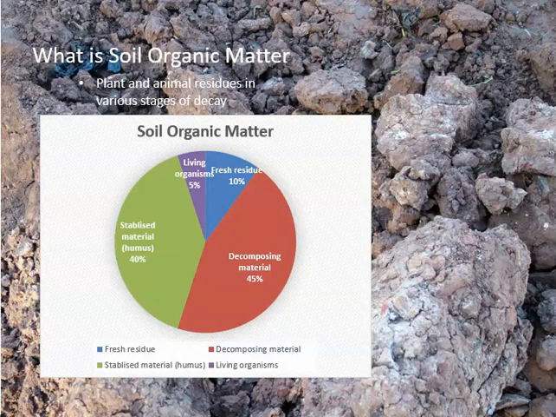Soil organic matter is the organic matter component of the soil and consists of plant and animal residues in various stages of decay. It includes fresh and living organisms, which constitute about 15%, decomposing material, which makes up 45%, and 40% is completely decayed and stable material.